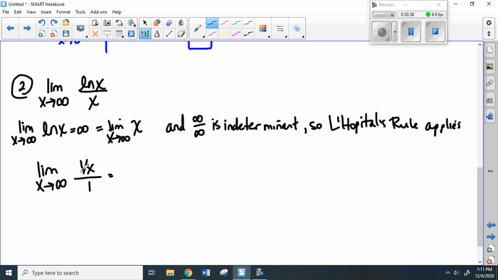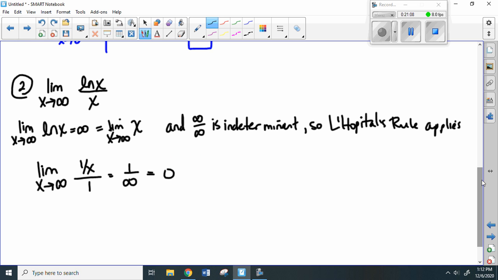Then 1 over x divided by 1 is 1 over x, and then I can use direct substitution. What you have to remember now is that the limit as x approaches infinity of a constant over x always equals 0, because 1 divided by a gigantic number is so tiny that we can say it goes to 0.